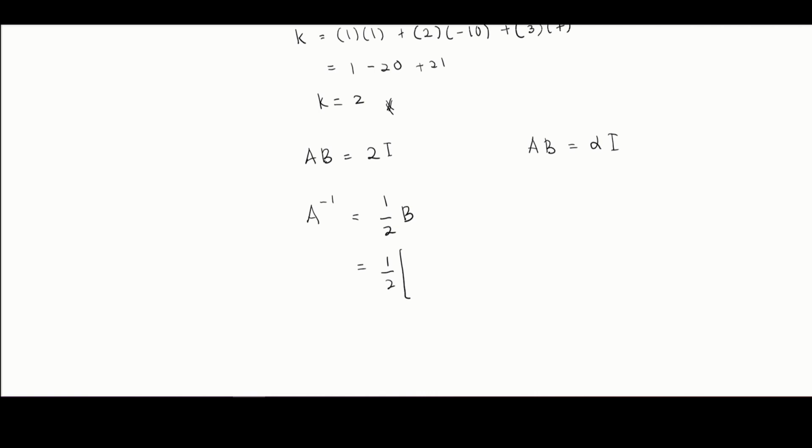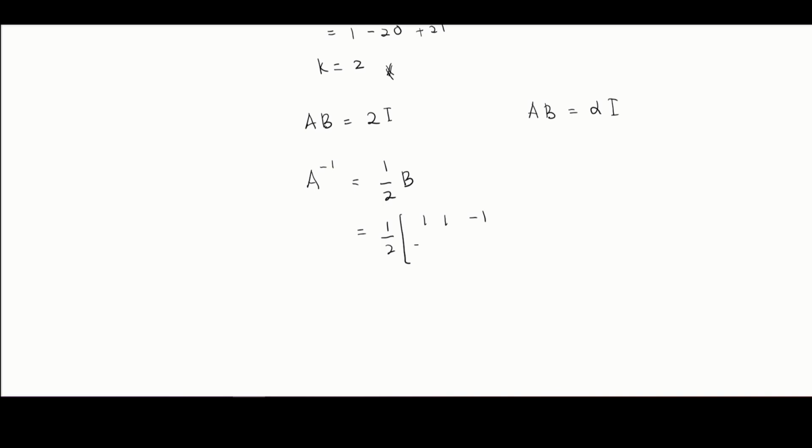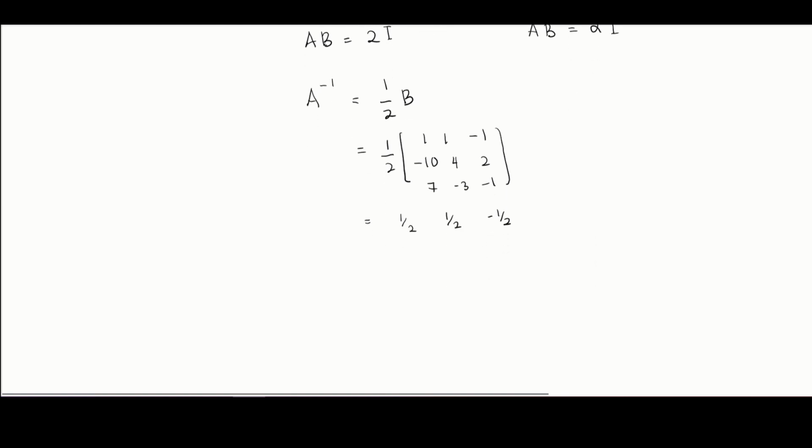So the matrix B is 1, 1, negative 1, negative 10, negative 10, 4, 2, 7, negative 3, negative 1. And then we multiply each element by 1 over 2. So we get 1 over 2, 1 over 2, negative 1 over 2.